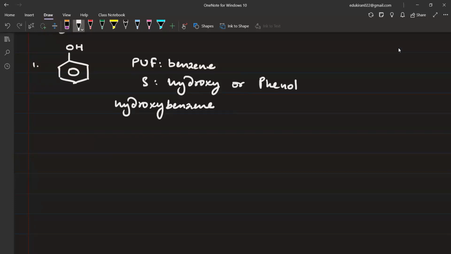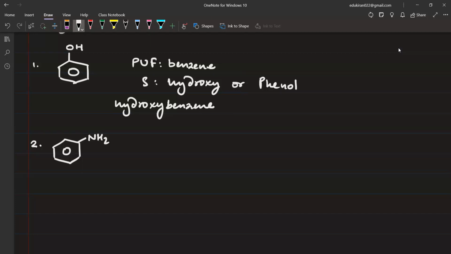Okay. Secondly, you have to remember if you have NH2. Now, obviously, NH2 can be at any position. Okay. Doesn't mean that it has to be on that position. All the carbon atoms are same here.